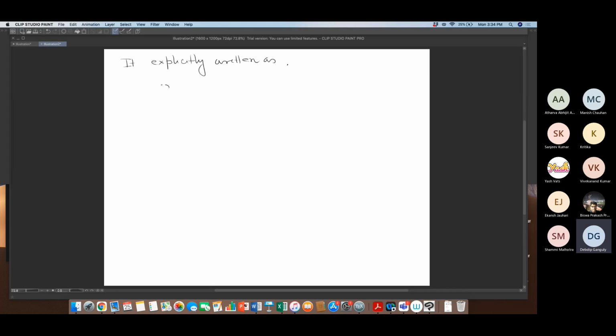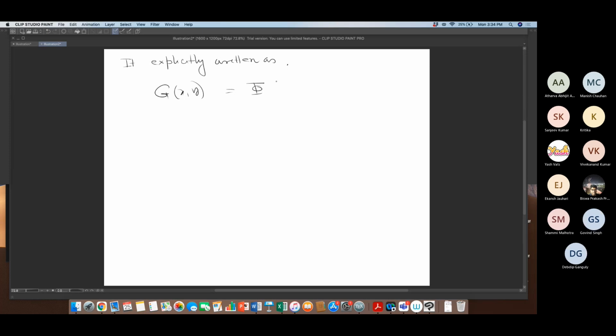G of x,y is just the translate of phi of y minus x, minus some harmonic function phi superscript x of y for each x, y in omega with, of course, x not equal to y.